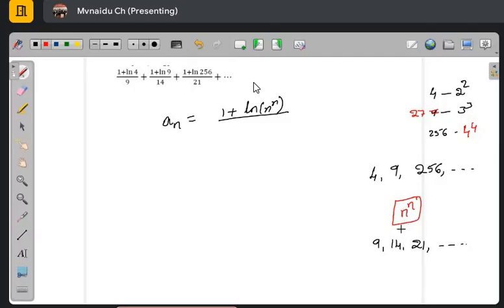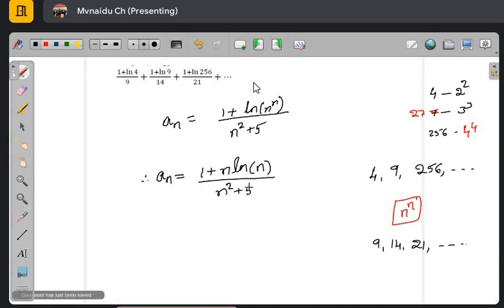Okay, so how about this one? 9, 14. What is the pattern you can guess there? n square plus 5, sir. n square plus 5. So therefore an can be rewritten like this: an equals 1 plus n times ln n over n square plus 5.